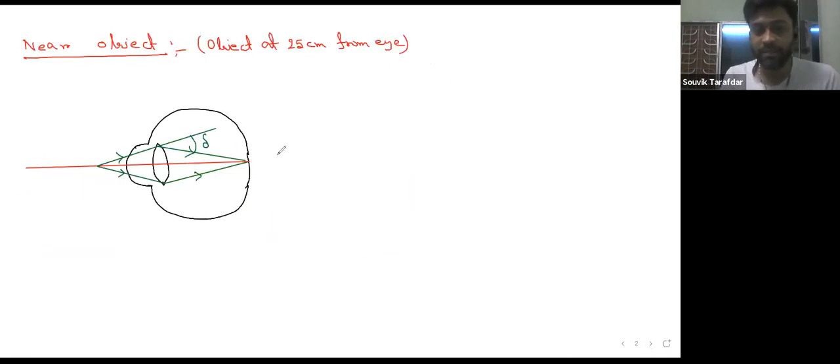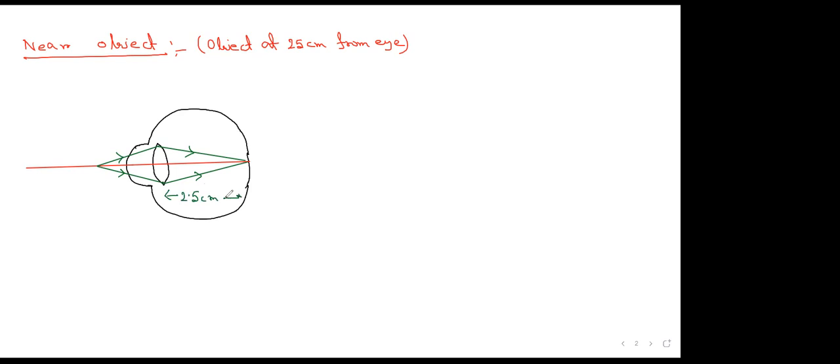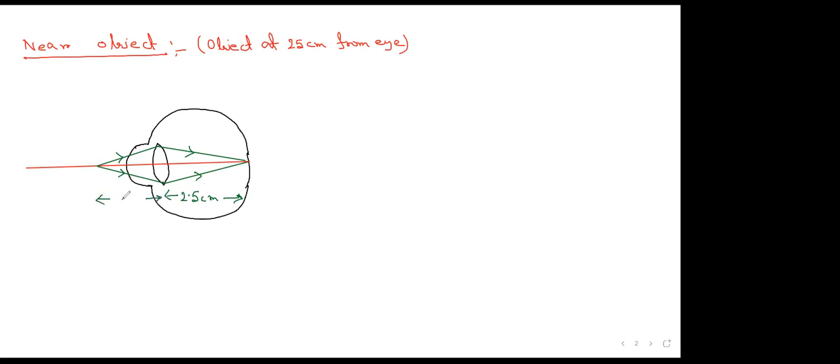Now let's come to the case of a near object. You will tell me the values for the nearer object. This distance is what? 2.5 centimeters, isn't it? Then what is the nearest point, the least distance of distinct vision? 25 centimeters.